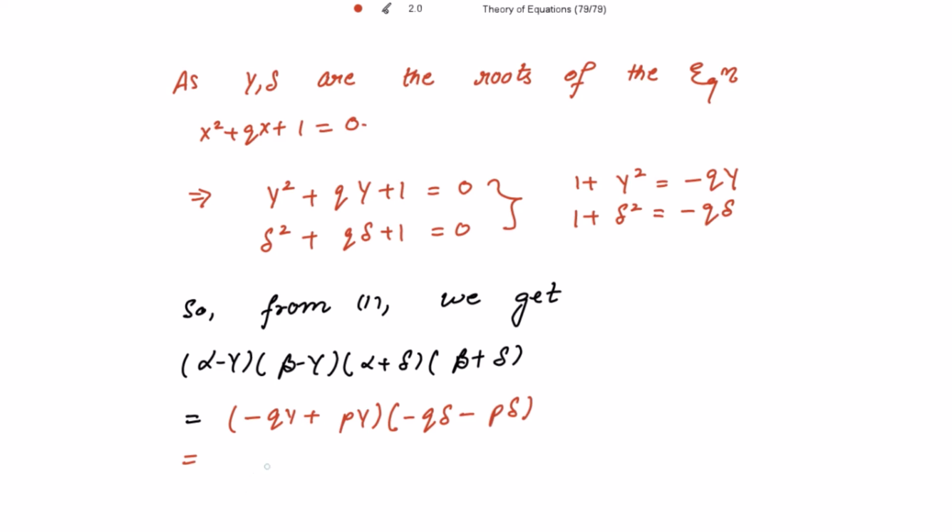So from here we get, if I take gamma and delta outside of these brackets, I get gamma into delta into p minus q into p plus q with negative sign. That is equal to negative gamma delta into, just put the formula for a minus b, a plus b, that is a square minus b square. So from here we get p square minus q square.